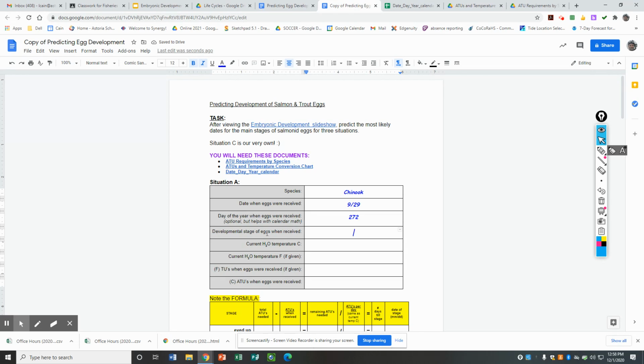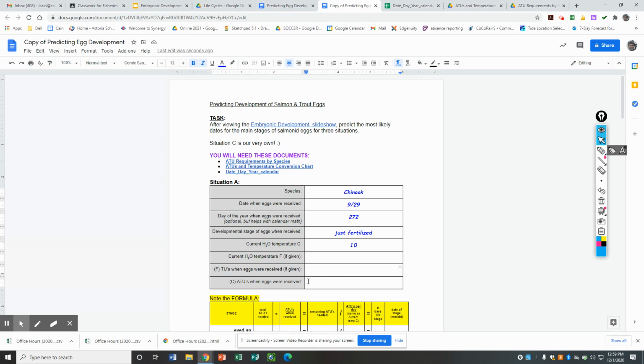The developmental stage when our eggs are received is just fertilized, day 0, okay? And the current water temperature at our facility, let's pretend it's 10 degrees Celsius. We don't really care what temperature it is in Fahrenheit, because Fahrenheit is very difficult to work with because of the freezing point of water.